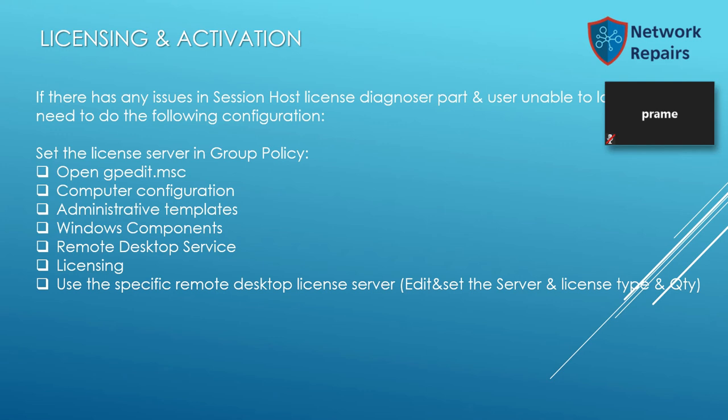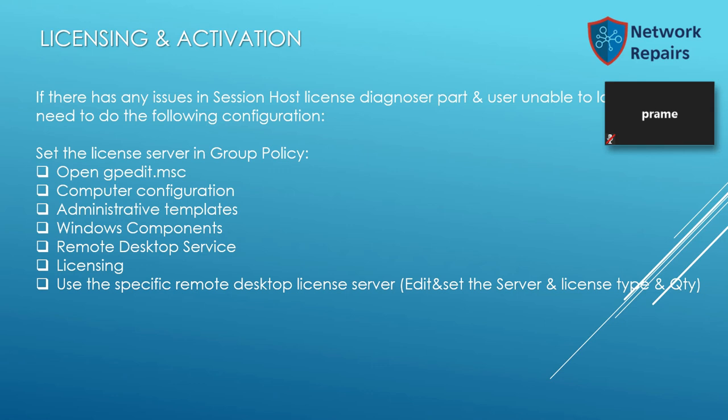If there is any issue in the session host license diagnoser part and the user is unable to log in, then we need to edit the group policy. Open gpedit.msc on the terminal server, then Computer Configuration, Administrative Templates, Windows Components, Remote Desktop Services, then Licensing.